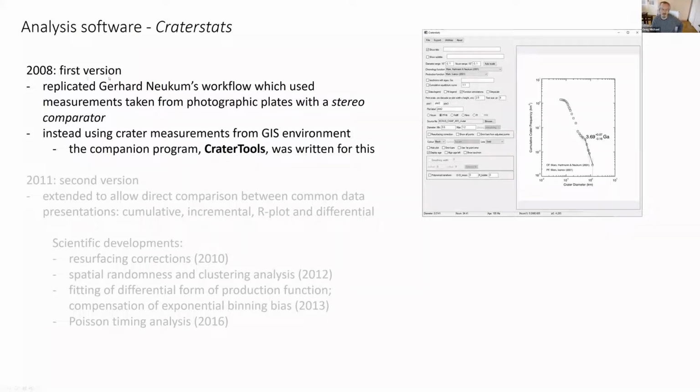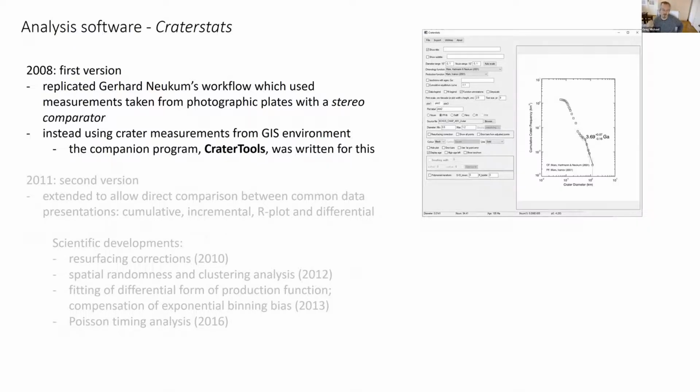Back at that time, Gerhard Neukum was using a workflow that took measurements from photographic plates. It was quite an impressive thing to see. So they took these digital images that came from different missions and exposed them onto photographic plates, and used a device called a stereo comparator, which could make very precise measurements from these photographic plates to feed into our crater measurements.